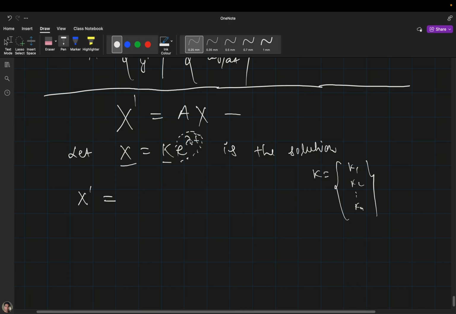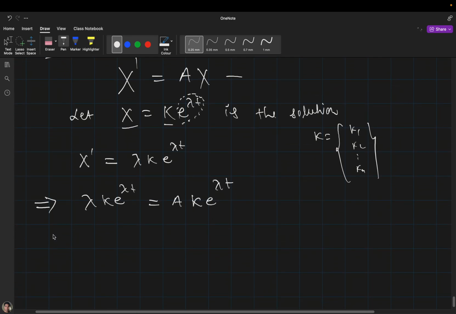Then lambda will come out and it becomes lambda K times e raised to the power lambda t. Now substitute into the equation, so you get lambda K e raised to the power lambda t equal to AX, and in place of X I can write K e raised to the power lambda t.